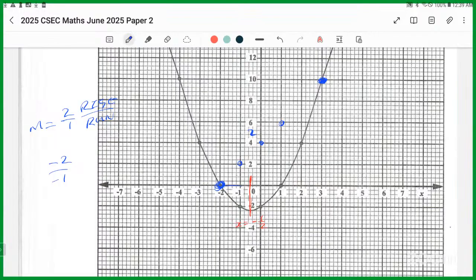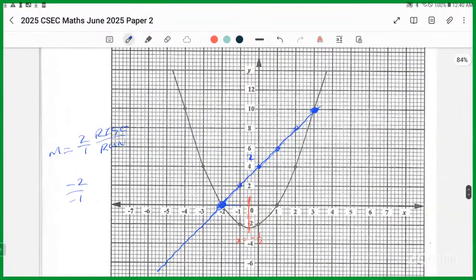Use the ruler and draw that straight line. Don't draw it freehand like me, please. It looks like it passed through all these intersections. That is the line y equals 2x plus 4.